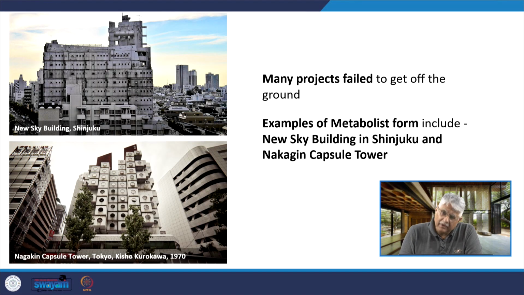Now, the reality was that many projects failed to get off the ground, but examples of metabolist form include the Sony building that you see here in Shinjuku, and the most famous metabolist building of all is the Nakagin Capsule Tower by Kisho Kurokawa in 1970.